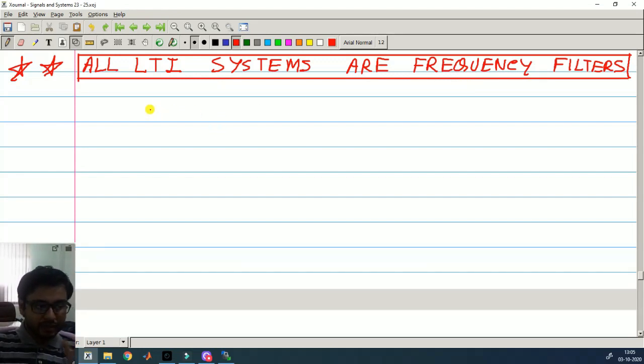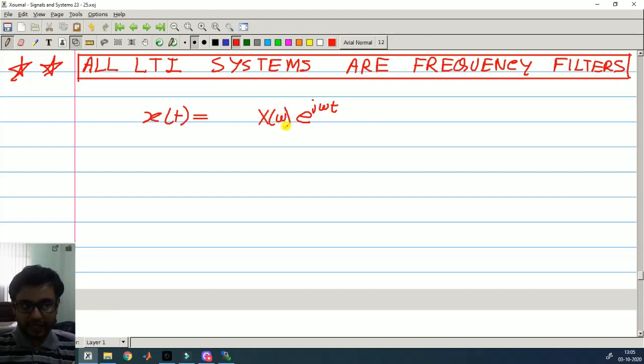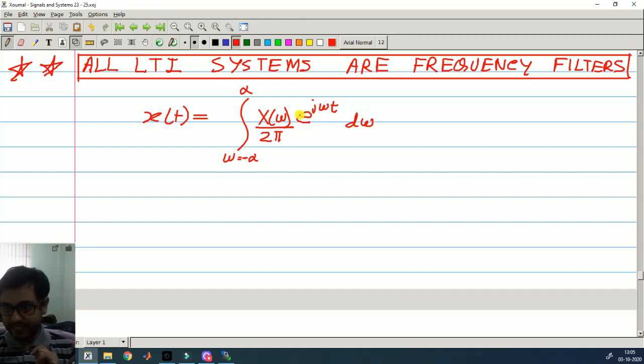Remember that any input x(t) can be broken into a sum of exponential signals like this, e to the power jωt with coefficients capital X(ω) divided by 2π summed over all ω using the Fourier transform, right? And then we know that these exponential signals are eigensignals of LTI systems.